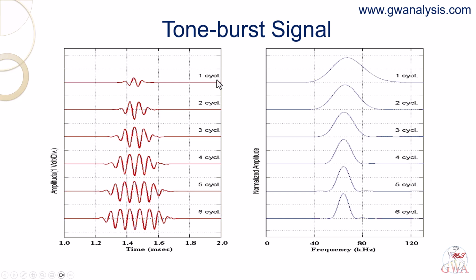As you can see, the one-cycle RF signal has a broad spectrum, covering between 45 kHz and 90 kHz. However, the 6-cycle RF signal has a narrow band between 57 kHz and 74 kHz.